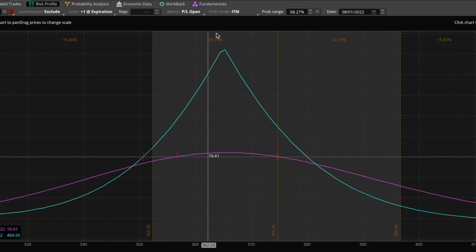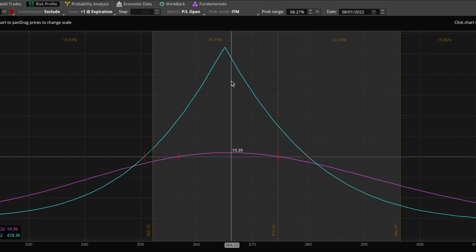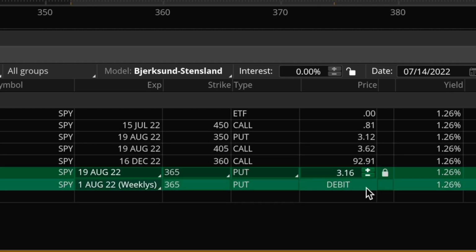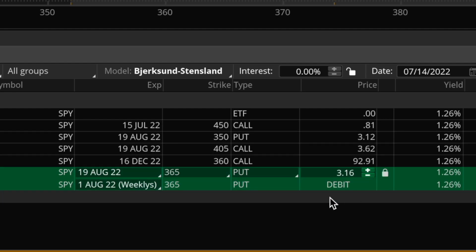So even though at this price and at that time you would make the most profit, because the chance of that happening is so low, in my opinion, you should take your profits if SPY does move down a decent amount and you also see a nice expansion of implied volatility. So for example, if that happened and the price of the spread went from 316 up by 50% or even 100%, then that would be a great place to take your profits and close the whole position.